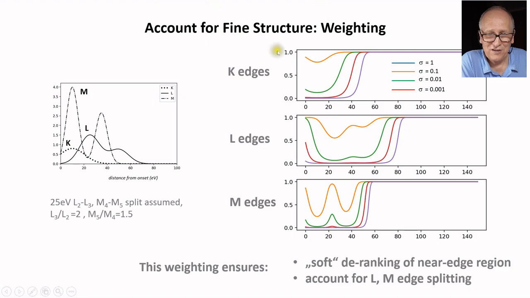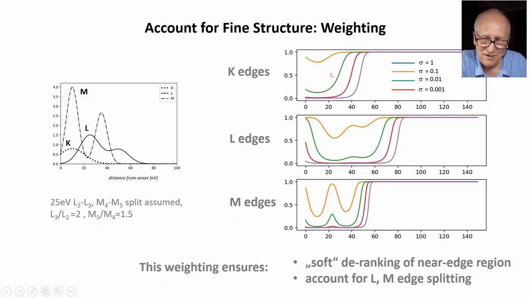First of all, our exclusion is not hard. There is no hard border, but rather a soft border between the region to fit and the region which should be ignored.